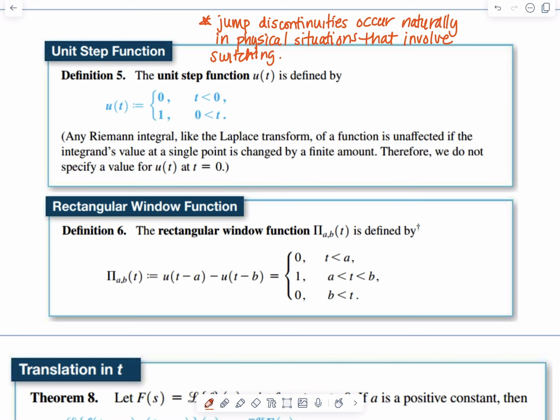So with that, we will need some theory for inverting transforms.